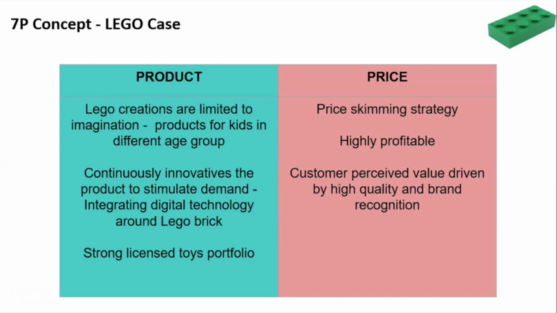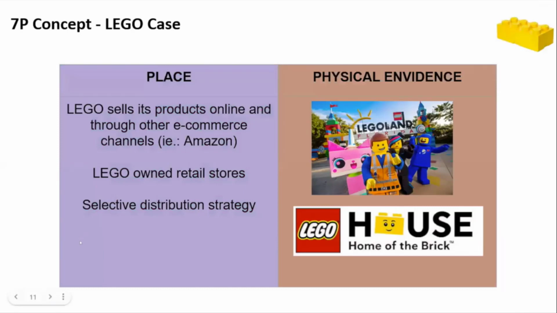Next, Veronique. The next P, place, is related not just to the stores, for example. It is related to distribution channels. Lego sells its products not just in physical stores, but also in e-commerce like Amazon and their own e-commerce.